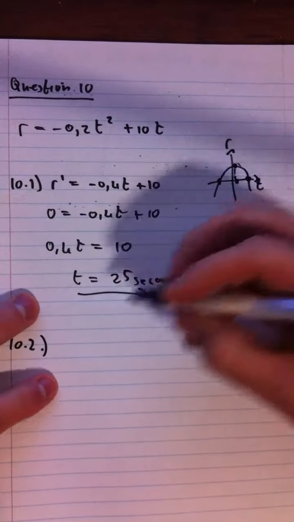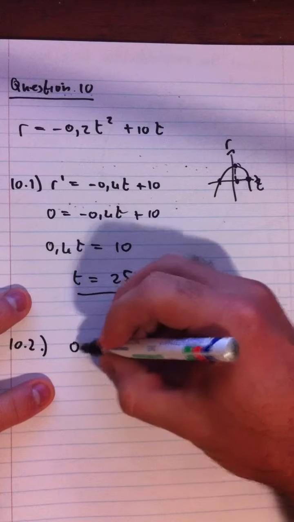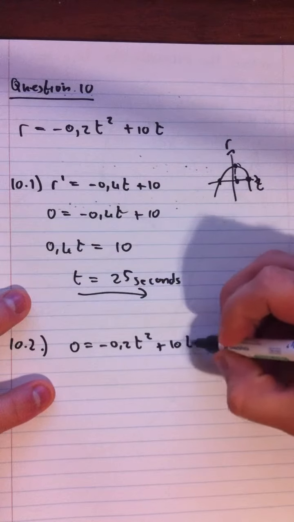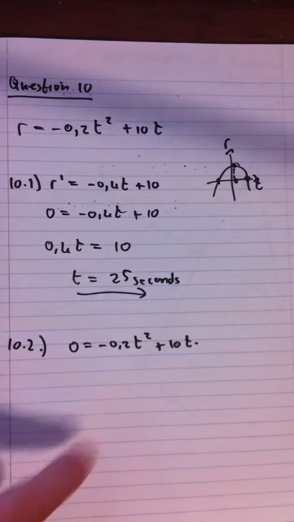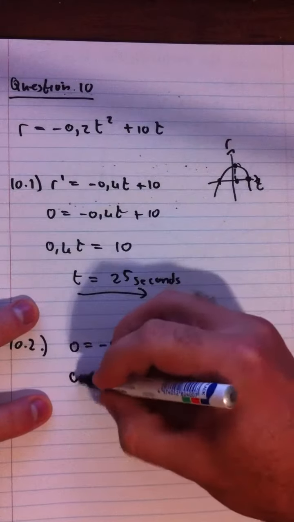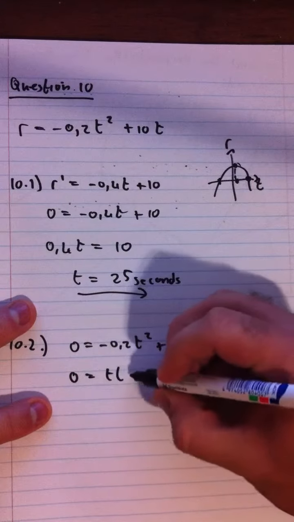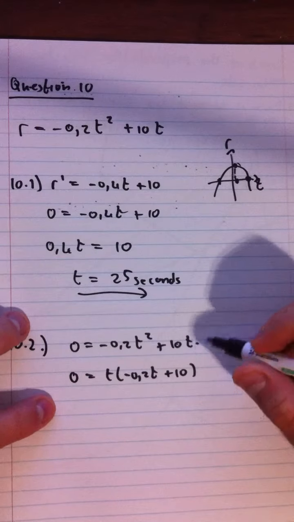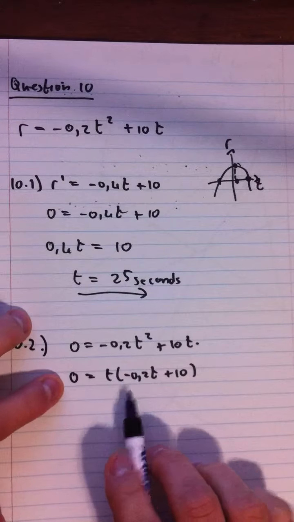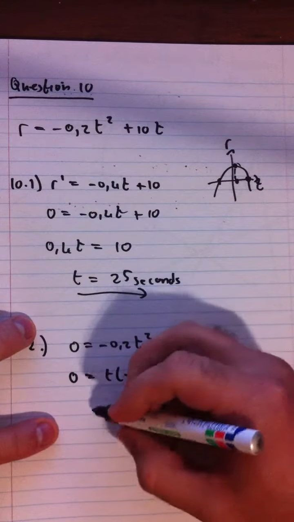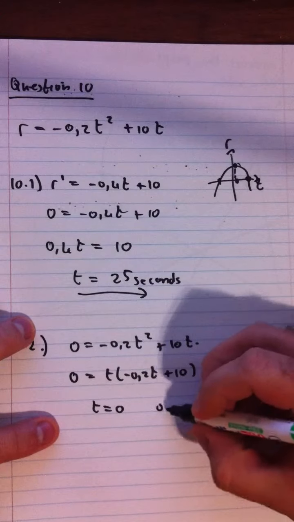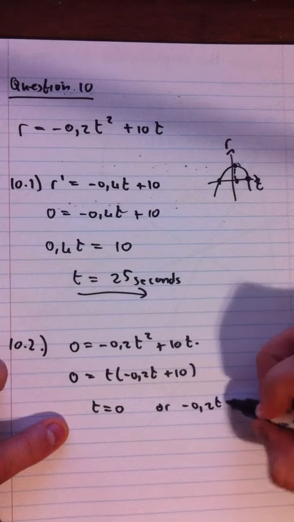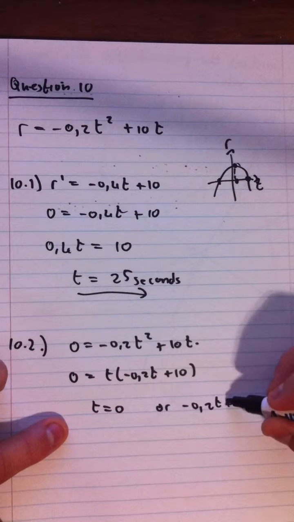So what do we need to do to find the x-cuts? Well, we say in the original equation, 0 equals -0.2t squared plus 10t. So we have to factorize this. Take out a common factor of t, and then we get t times (-0.2t plus 10) equals 0. So something times something equals 0 must mean either one of them is 0, as we discussed before. So t equals 0, or -0.2t plus 10 equals 0.